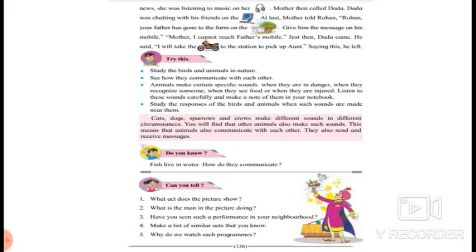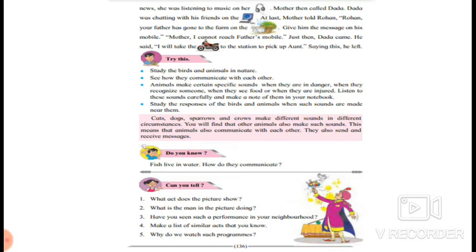Study the responses of the birds and animals when such sounds are made near them. Cats, dogs, sparrows, and crows make different sounds in different circumstances. You will find that other animals also make such sounds. This means that animals also communicate with each other. They also send and receive messages.